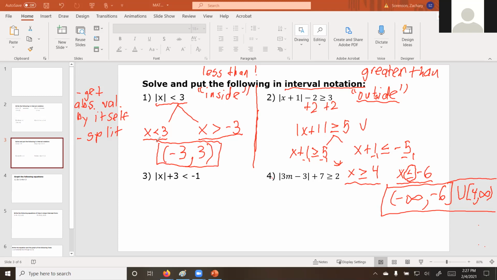So number 3, I'll start us off. I want to get absolute value by itself. Let's pause and think about that. What numbers, when I take the absolute value of something, are going to be less than a negative number?